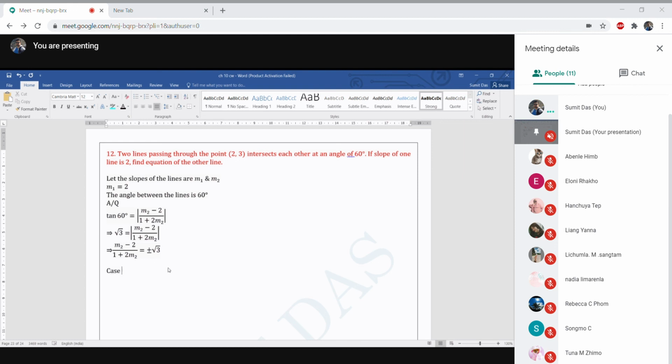Case 1 will be when the value equals square root of 3.